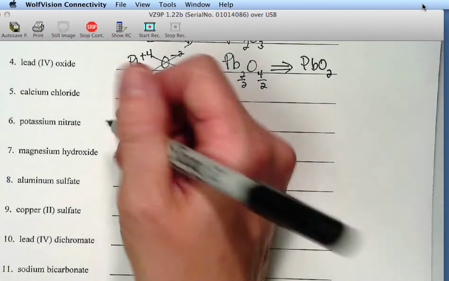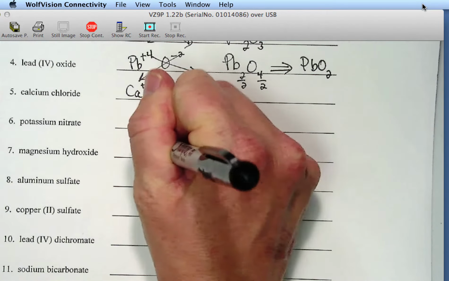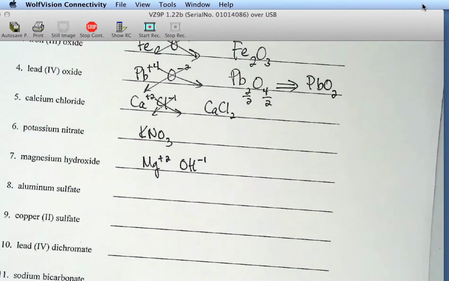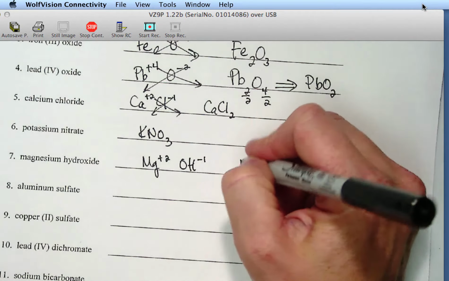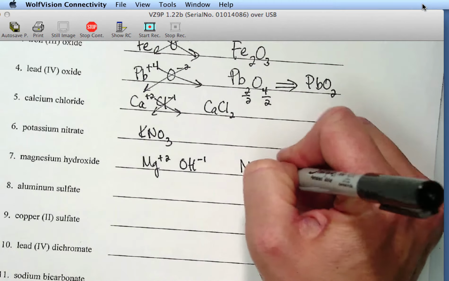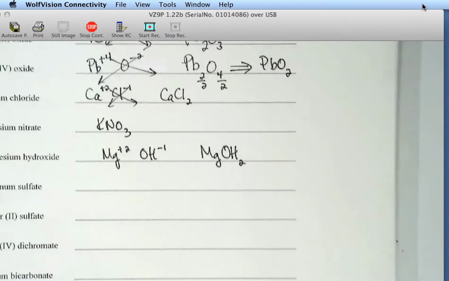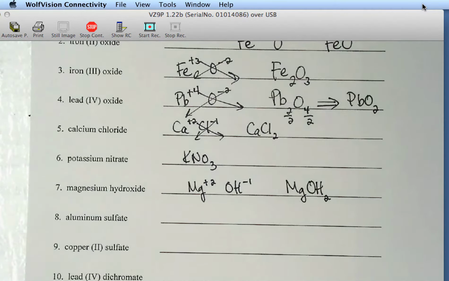Magnesium hydroxide, Mg +2, OH -1. You do the cross and drop. Mg OH 2. Don't you have parentheses on that? Yes, I do need parentheses on that.